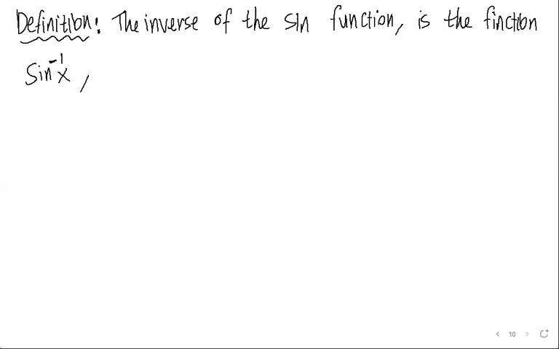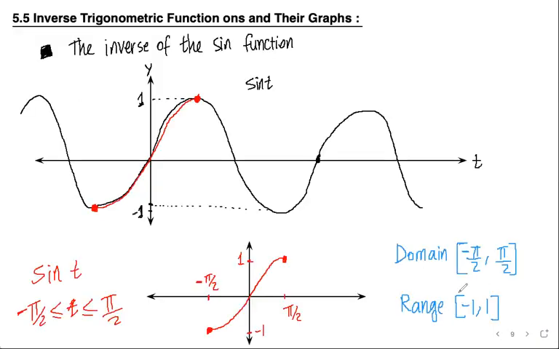The domain for the inverse function is the same as the range of the function. Like I said before, the domain is the range for the inverse, and the range is the domain for the function. So the domain for the inverse is the same as the range of the original function.